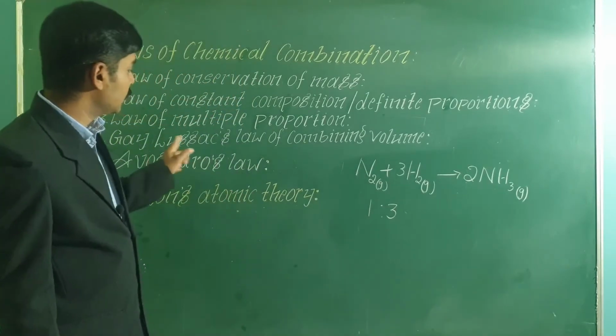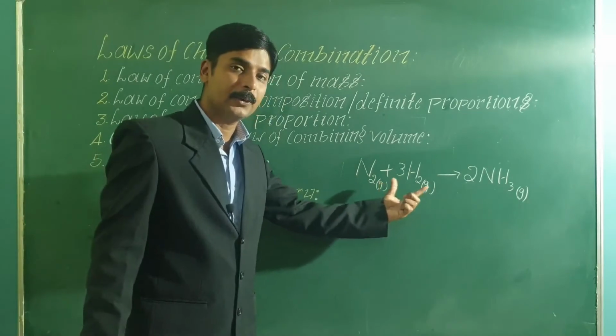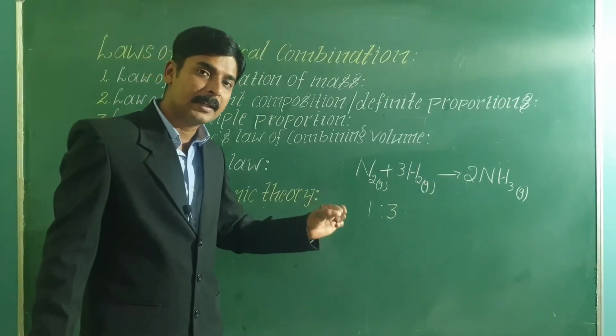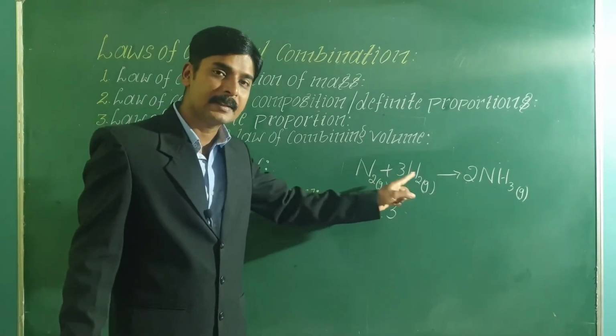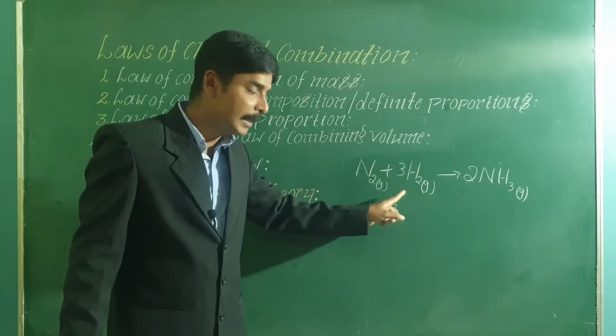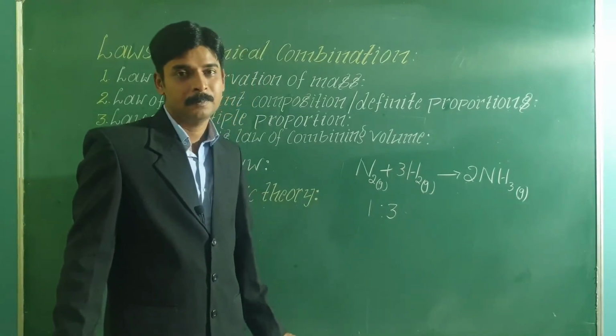So Gay-Lussac's law of combining volume is applicable only when gases combine to give some product. It states that under similar conditions of temperature and pressure, whenever gases combine, they always combine in a simple whole number ratio by volume.